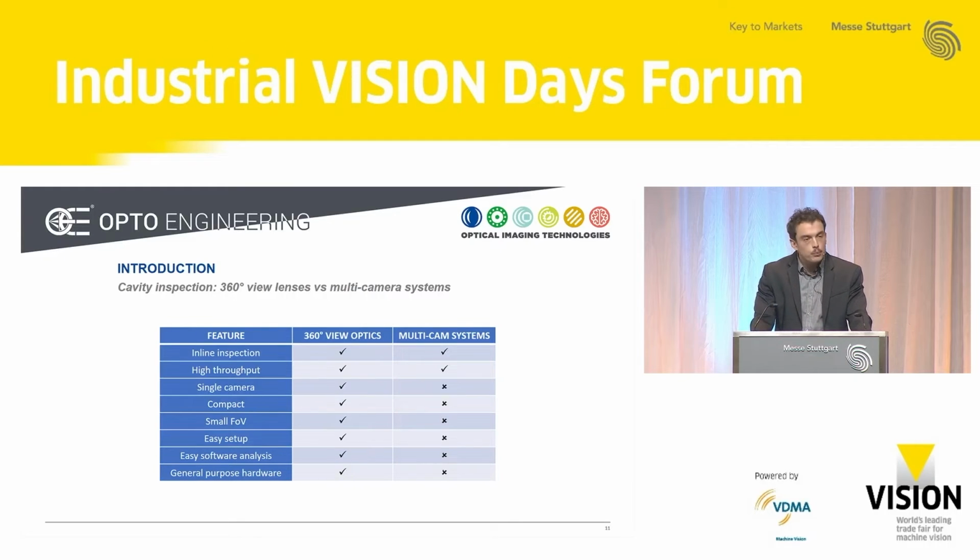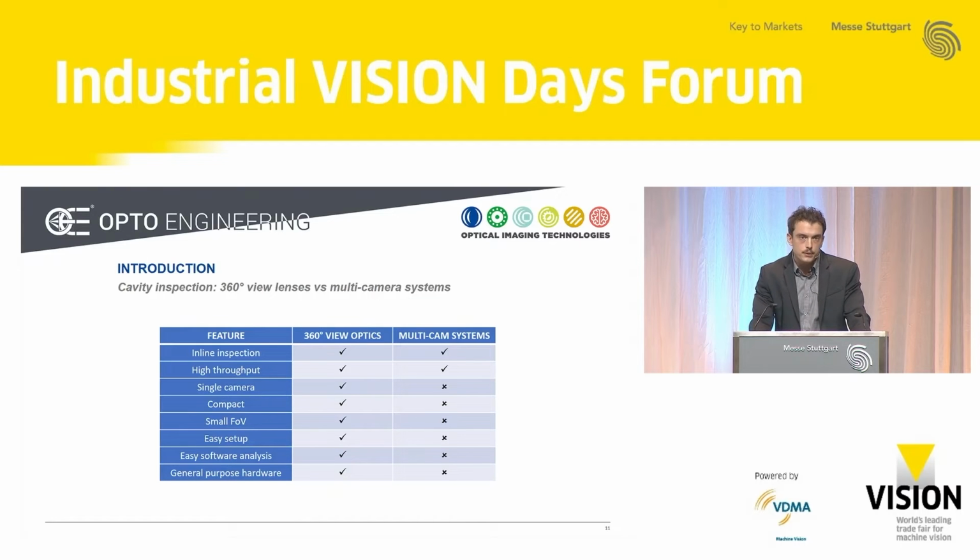Even though both approaches are suitable for inline applications and they both grant high throughputs, the similarities end here. Because 360-degree view optics are meant to use a single camera, the system is way more compact. It's suitable also for small fields of view, something which is not so simple with multi-camera systems.